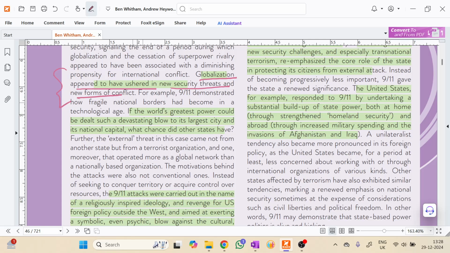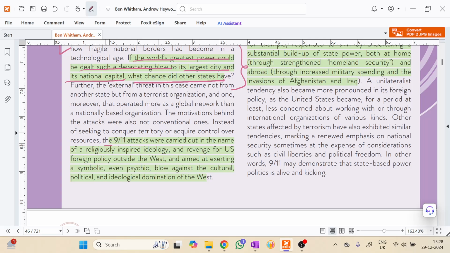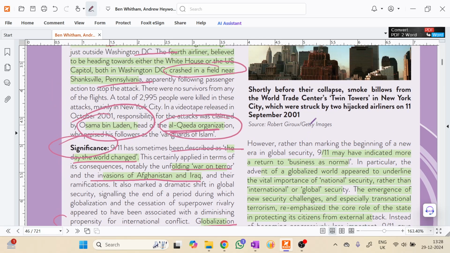It is also believed that if the world's greatest power could be dealt such a devastating blow to its largest city, its national capital and its defense headquarters, what chance did other states have? The attack was carried out in the name of a religiously inspired ideology and as revenge for US foreign policy outside the West, which was perceived as a threat to the Middle East order.